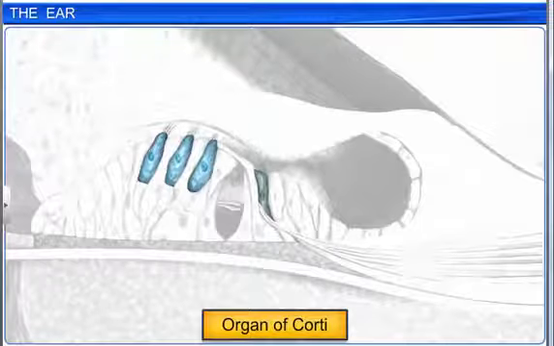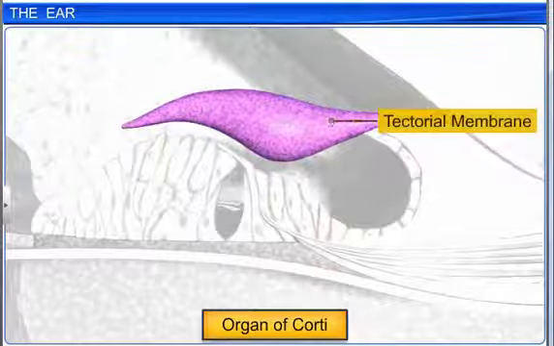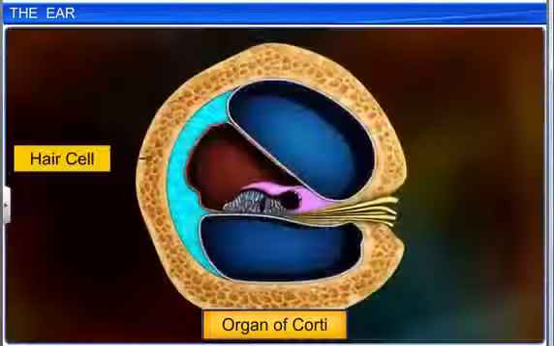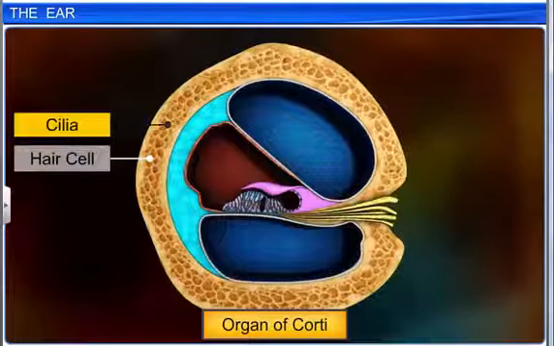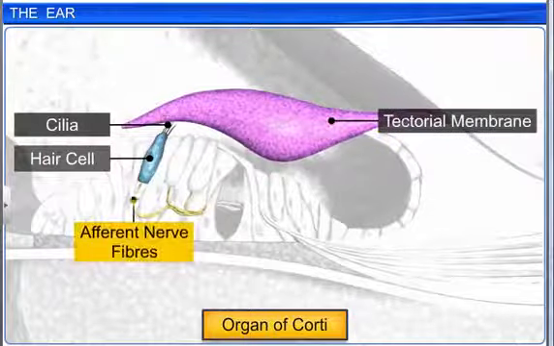Above the row of hair cells lies a thin elastic membrane called the tectorial membrane. Each hair cell has cilia on an apical part which are in contact with the tectorial membrane, whose basal end is in contact with afferent nerve fibers.